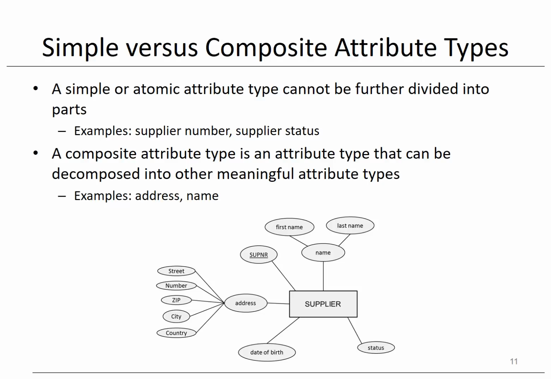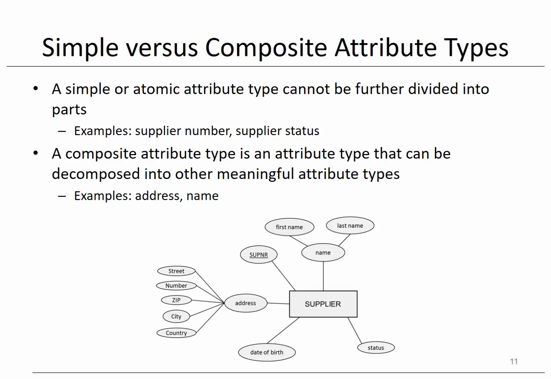A simple or atomic attribute type cannot be further divided into parts. Examples are supplier number or supplier status. A composite attribute type is an attribute type that can be decomposed into other meaningful attribute types.